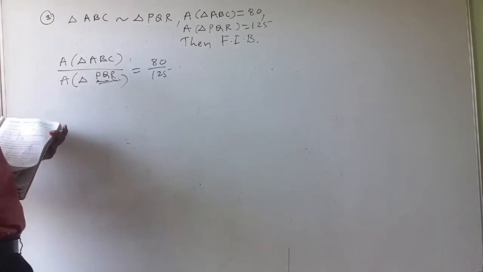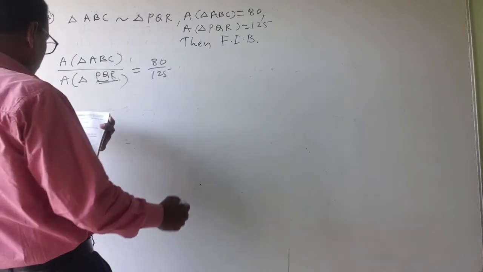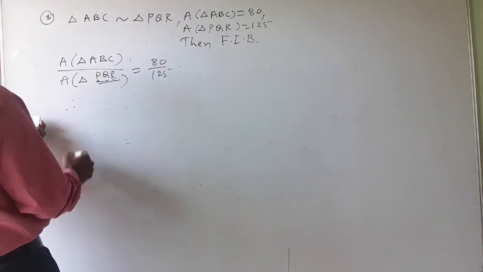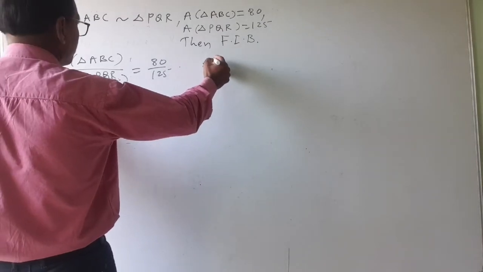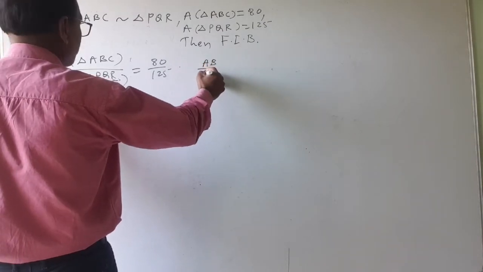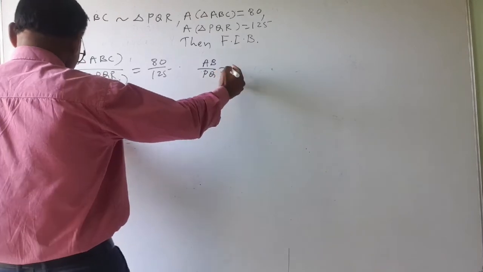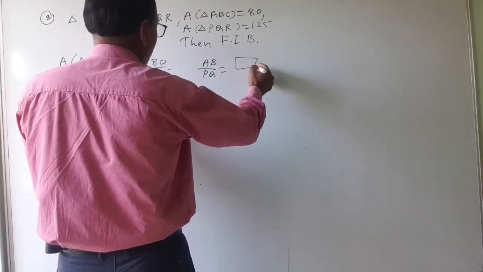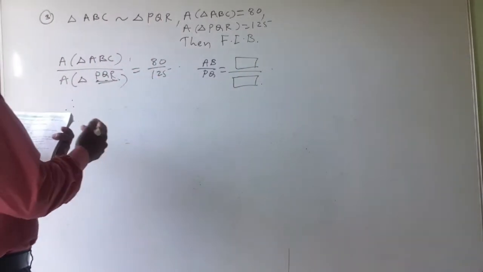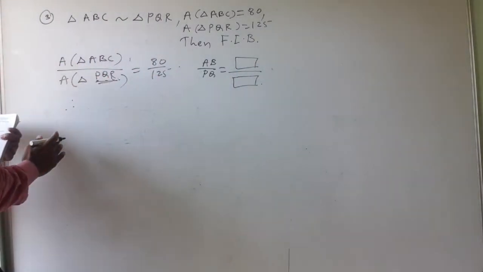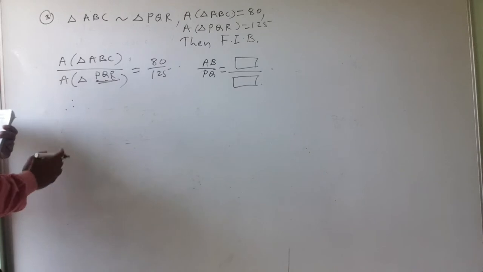This will be the fill in the blank. Therefore, they have asked AB upon PQ is equal to box upon box. This we have to fill.